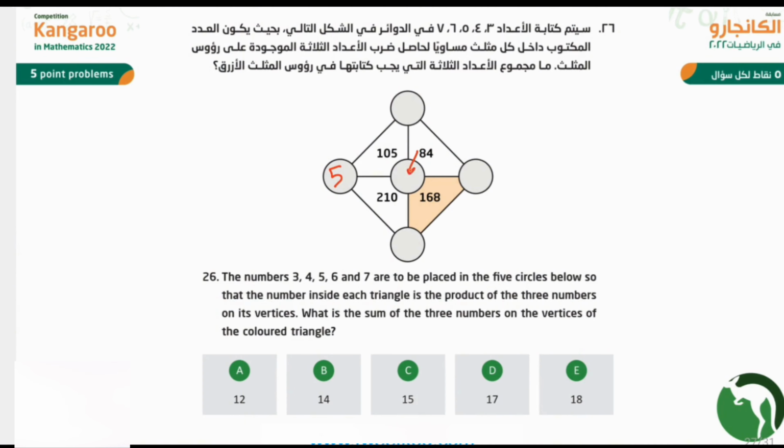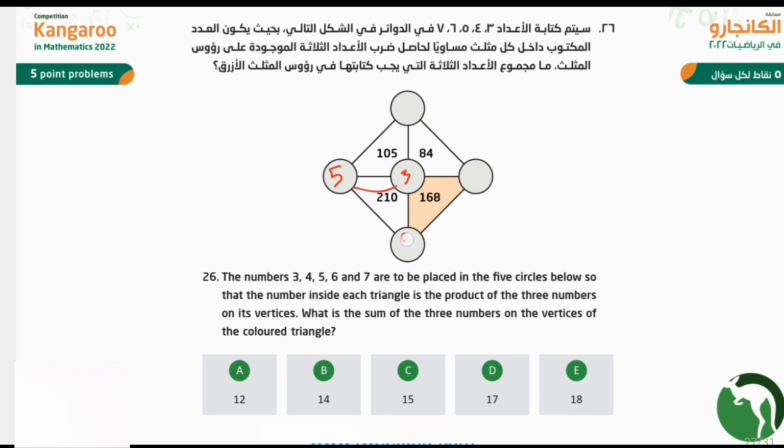Now for this circle in the middle, we cannot write 4 or 6 because here we have 105, and 105 is an odd number, so we cannot use 6 or 4. So I need to use 3 or 7. If I place 3 here, I will obtain 15 as a product of 3 and 5.